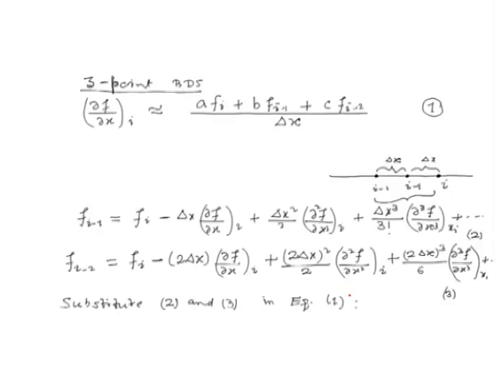If you do this substitution, what do we get? On the left hand side we have del f over del x at I. On the right hand side, what do we get? Let us take 1 by delta x common and let us collect the terms one by one.